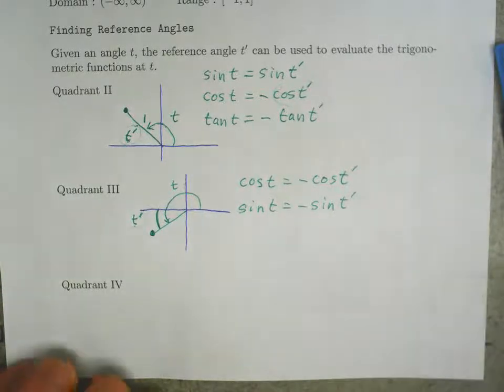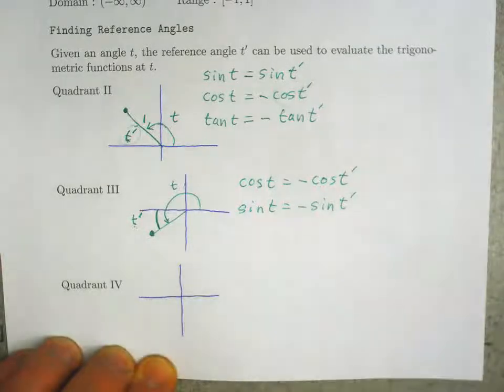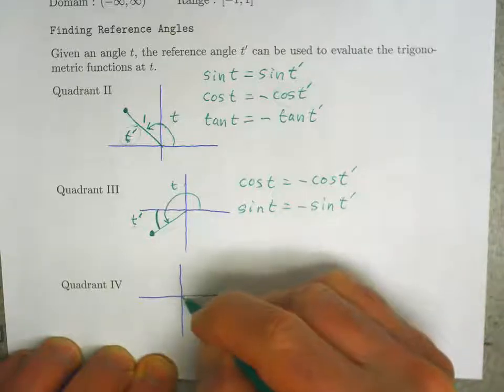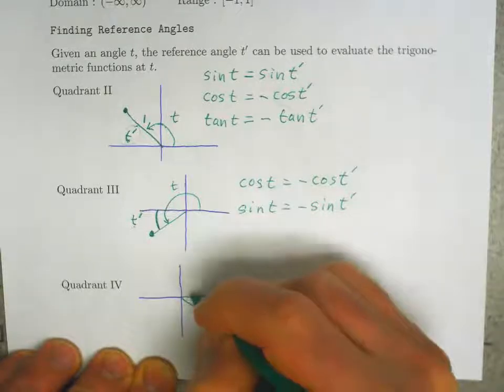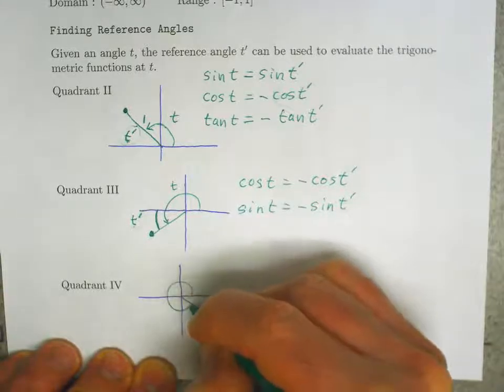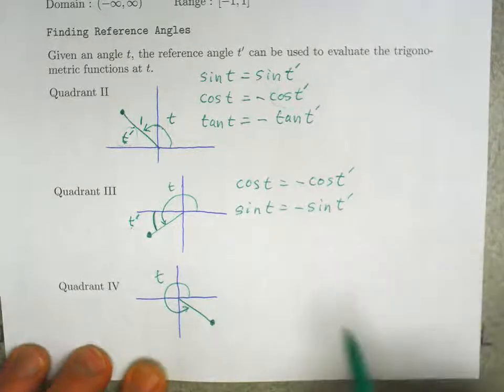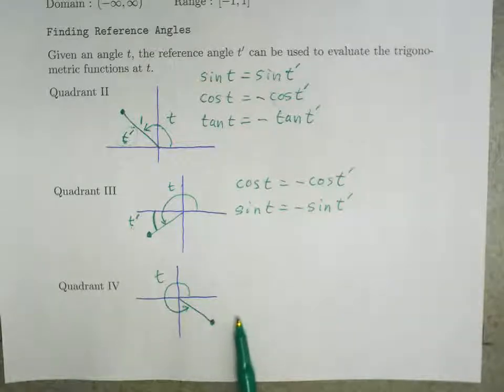Okay, finally, in the fourth quadrant, we have a central angle whose terminal side is in the fourth quadrant. So that's t. In the fourth quadrant, x-coordinates are positive, so that means cosine of an angle t that's in the fourth quadrant is positive.